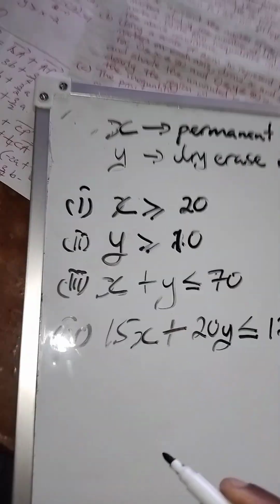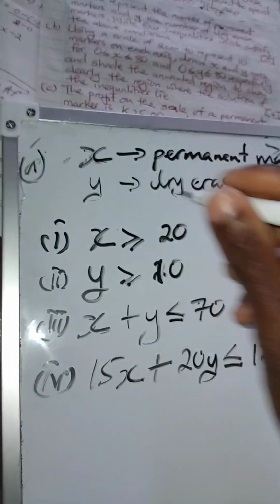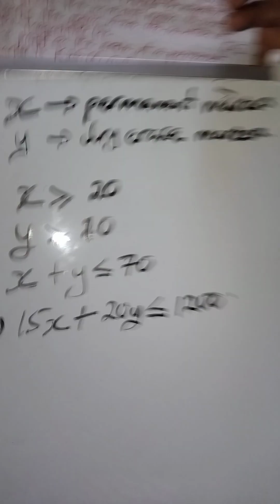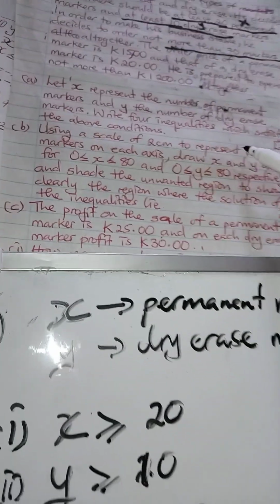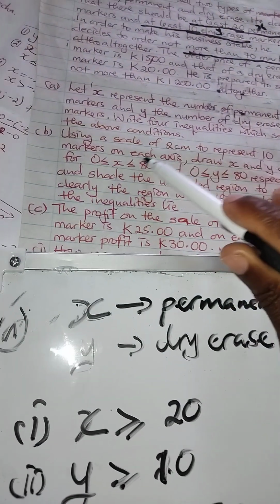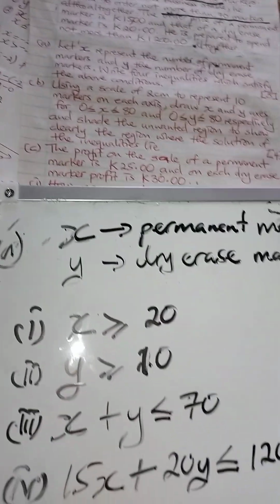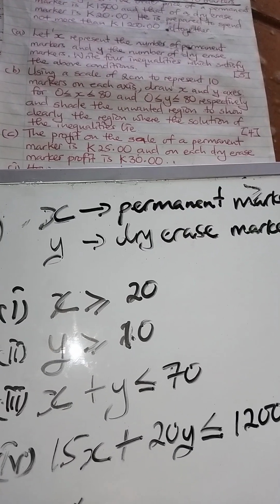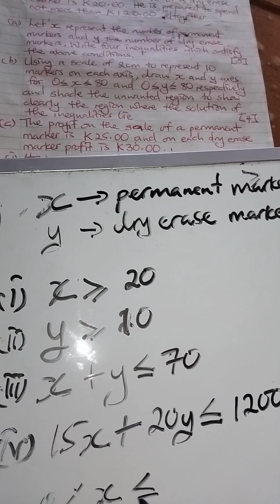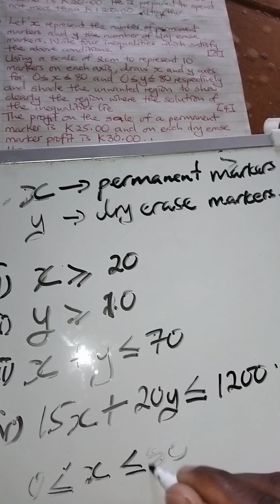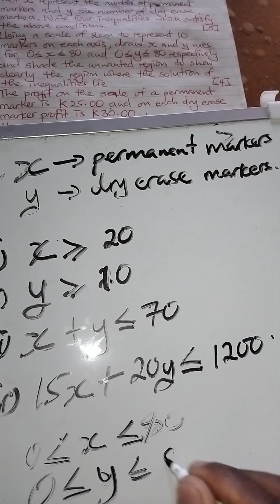Right, now we are going to part B. So this is part A. Part B says using a scale of 2 cm to represent 10 markers on each axis, draw x and y axes with 0 less than or equal to x less than or equal to 80, and 0 less than or equal to y less than or equal to 80.